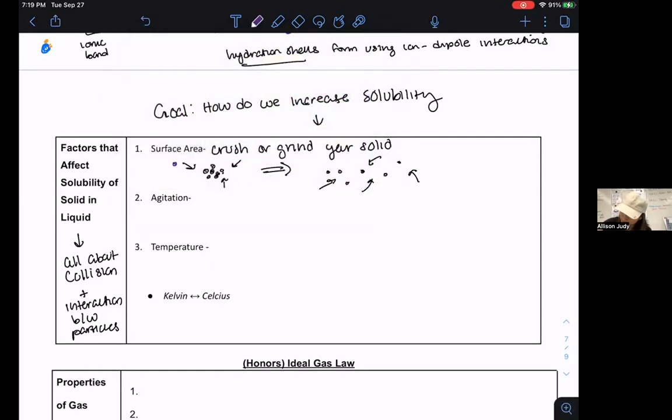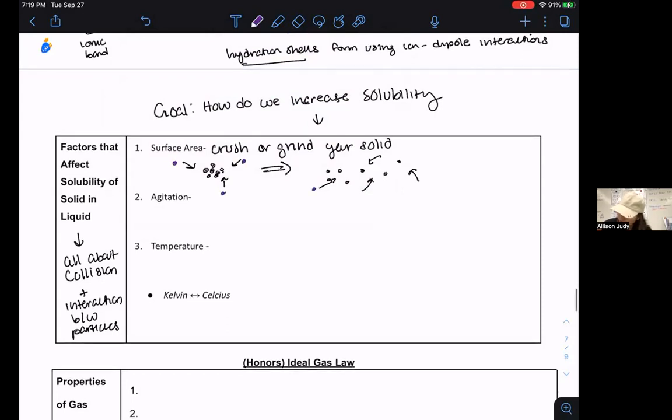Let's put it like your purple particles, they can get quicker interaction with your solute, or whatever solid you're trying to mix together. So that's one way you could do it.